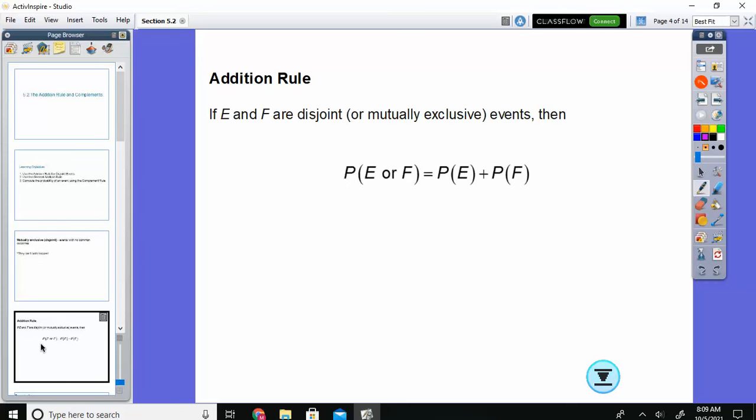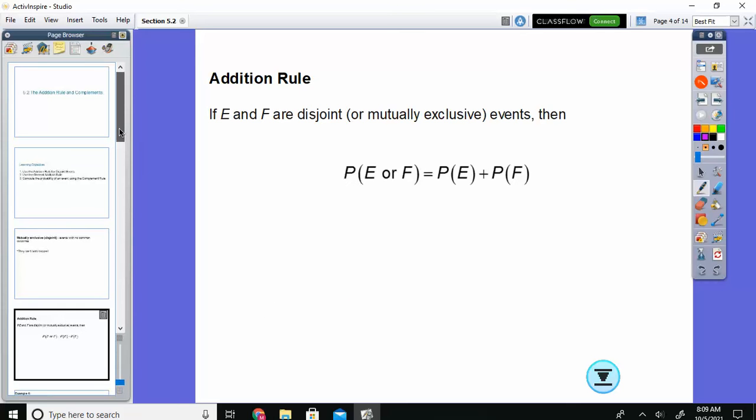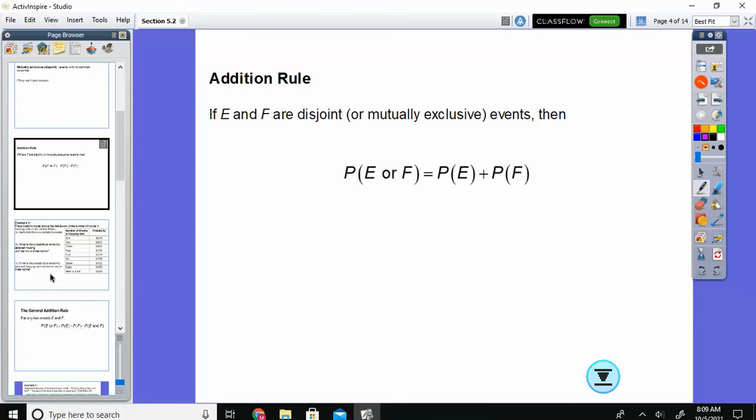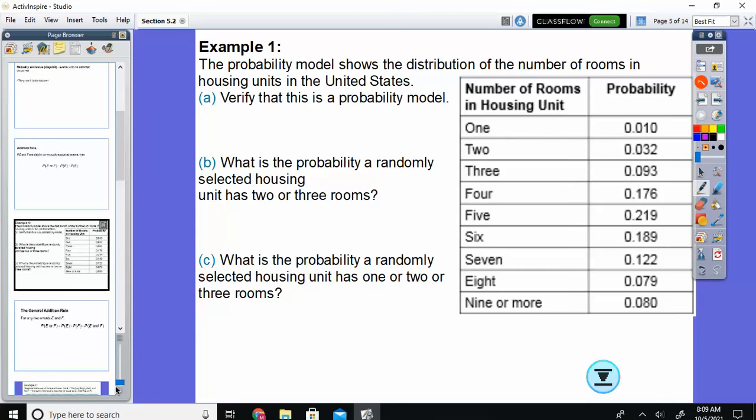So let's look at a problem. Okay, so here's a probability model that shows the distribution of the number of rooms and housing units in the United States. Verify it's a probability model.